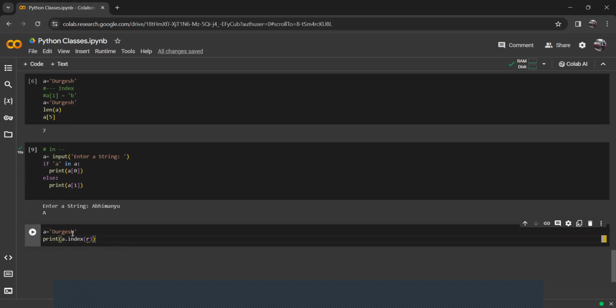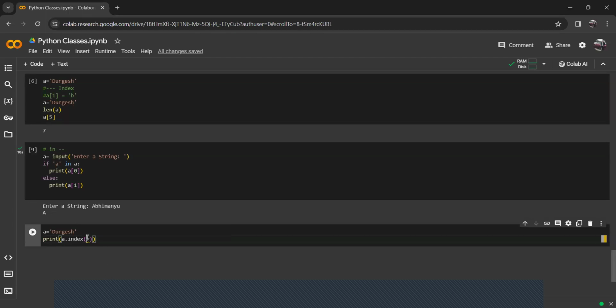Please see the complete thing in a correct manner and tell me, will I get the output, yes or no? Please answer.